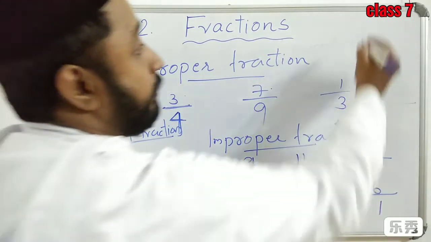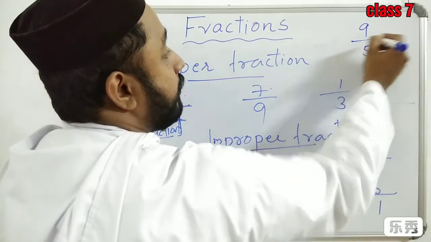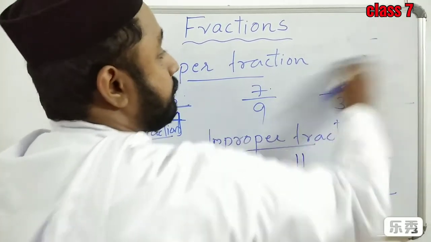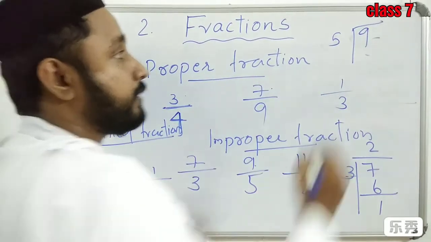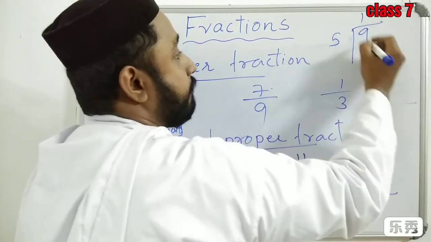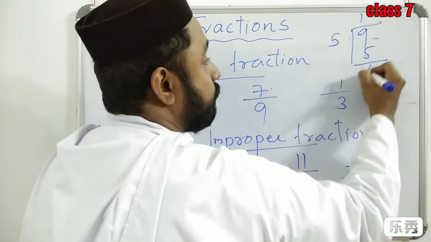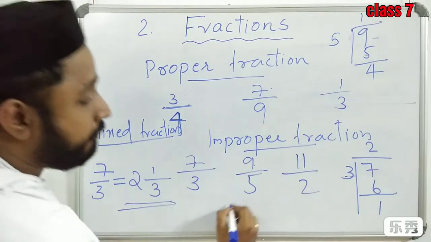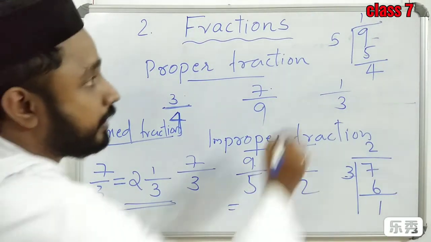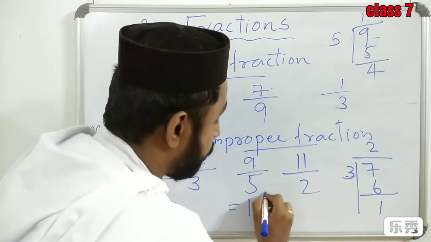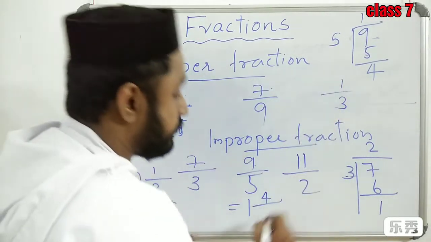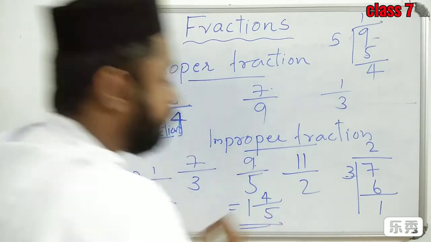And the next one, 9 by 5. How do we write 9 by 5? 9 divided by 5, how many times? 1 time. 1 into 5 is 5, remainder 4. So 9 by 5 can be written with quotient 1, remainder 4, divided by 5, so 1, 4 by 5.